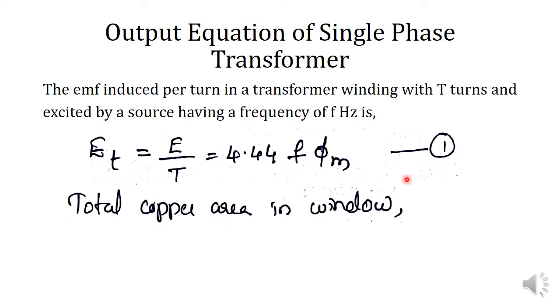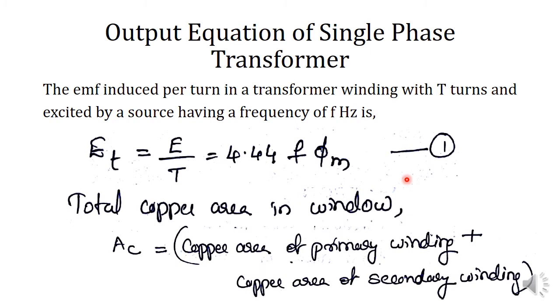Then the total copper area in the window. Total copper area means the total area of cross section of copper conductors in the window. That is AC is equal to copper area of primary winding plus copper area of secondary winding. That means in a particular window there will be primary conductors as well as secondary conductors. So total area of primary as well as secondary conductors will give you the total copper area in the window.